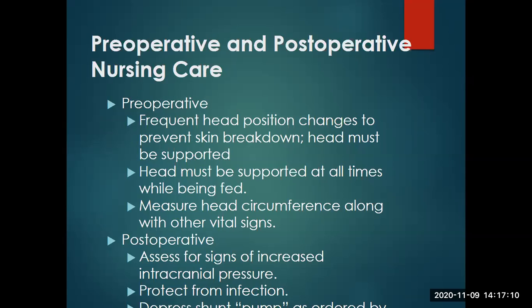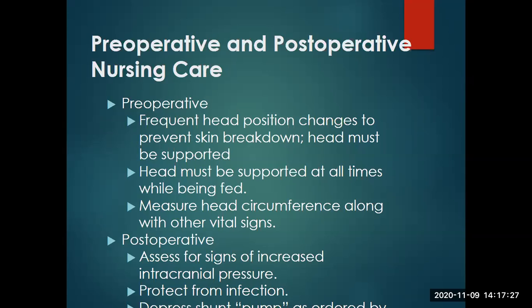When you're looking at positioning, the position of the infant must be changed frequently to prevent hypostatic pneumonia and also pressure sores, because it's hard for them to move their head and position themselves.